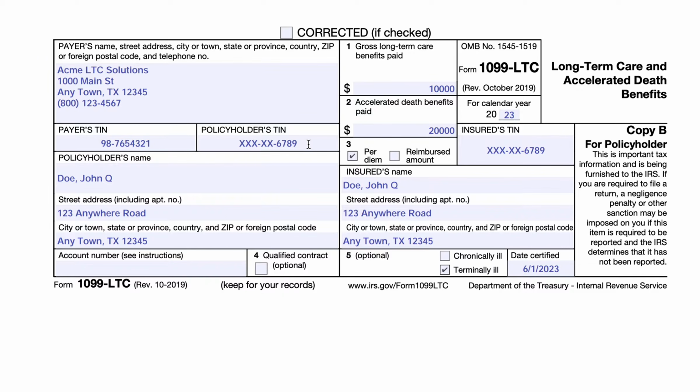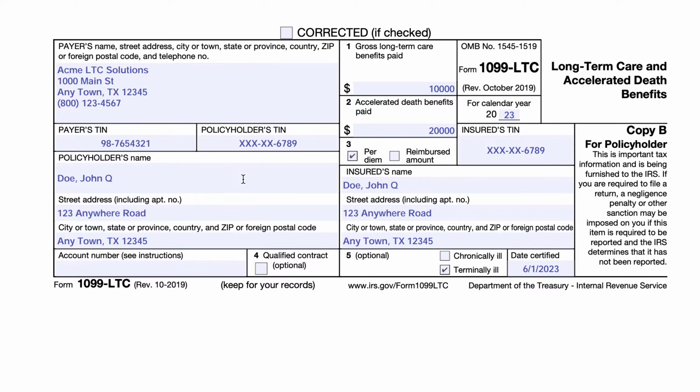To the right of that, you'll see the policyholder's tax ID number, which can be either a social security number, an individual taxpayer identification number, an adoption taxpayer identification number, or sometimes an employer identification number if there is someone other than an individual, such as an estate or a trust, that is actually the policyholder.